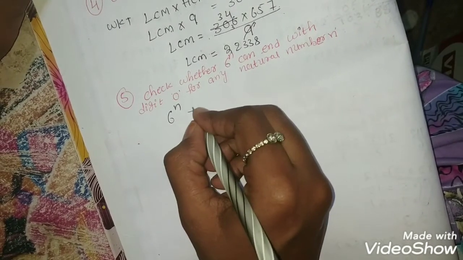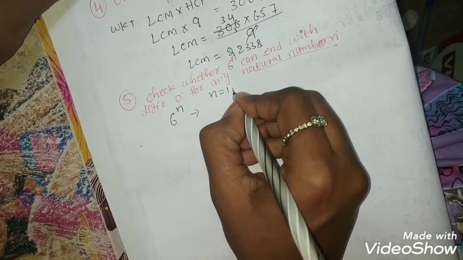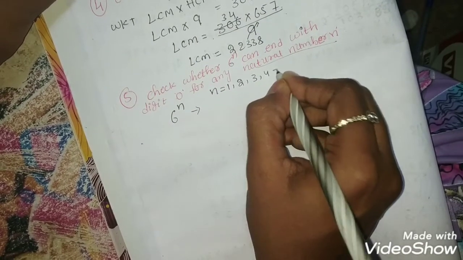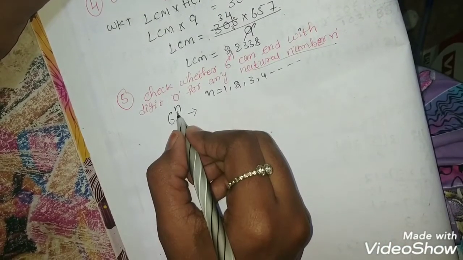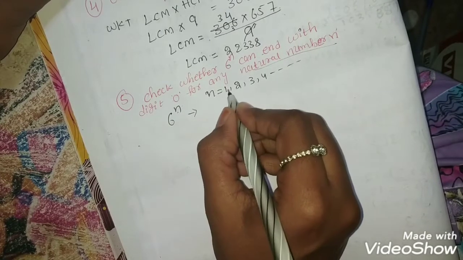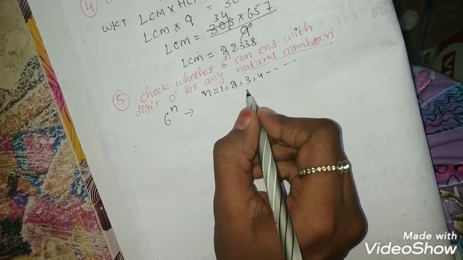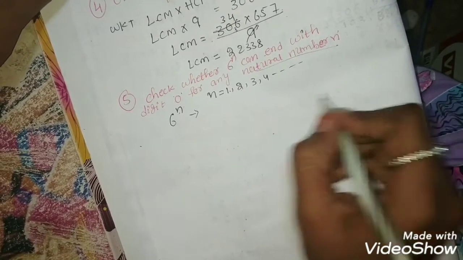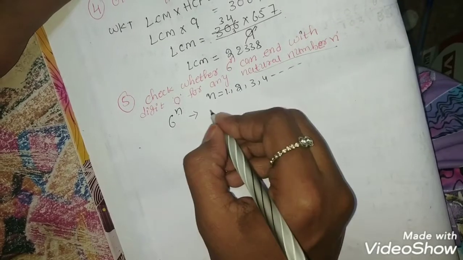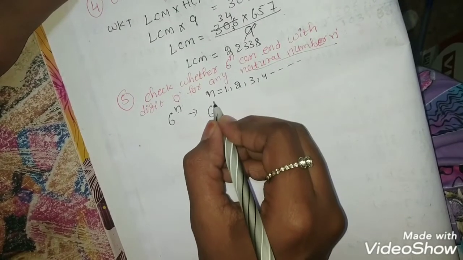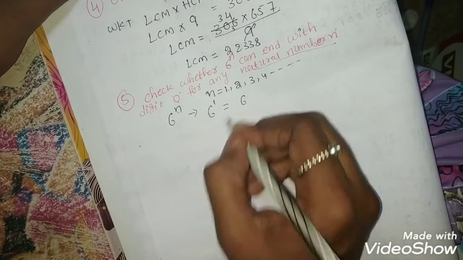Why? Because n is a natural number, that is n is equal to 1, 2, 3, 4 and so on. If you keep 1 in the place of n, we get 6 itself.